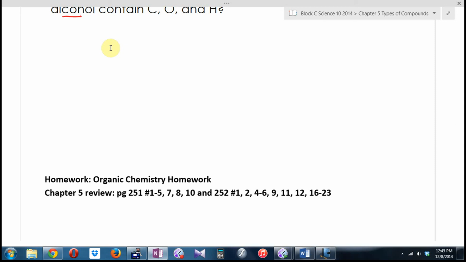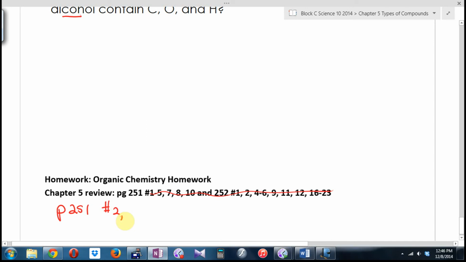Here's what I'm going to assign: 2 is good. 4 through 6 is good, 7 is good, so 4 to 7. And 11. And then from page 252.